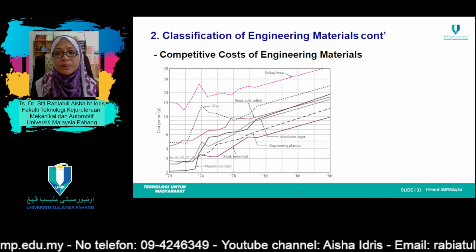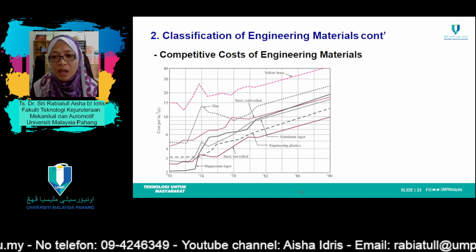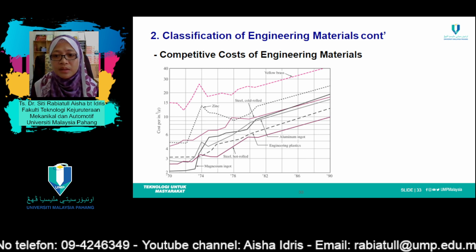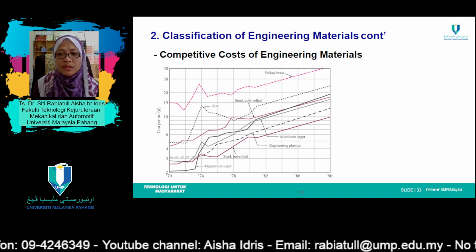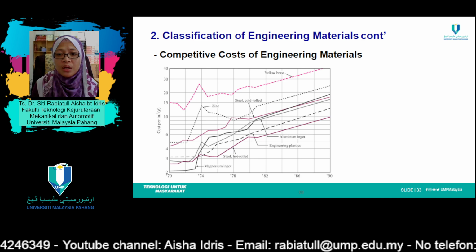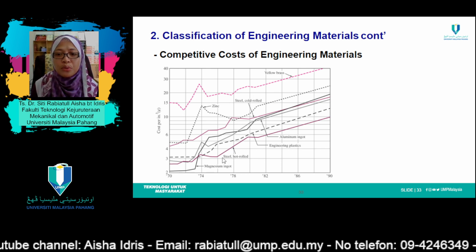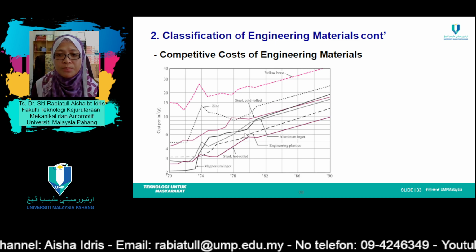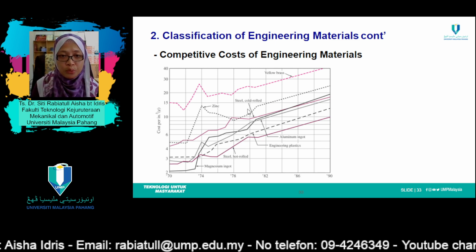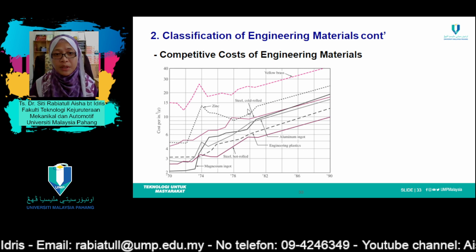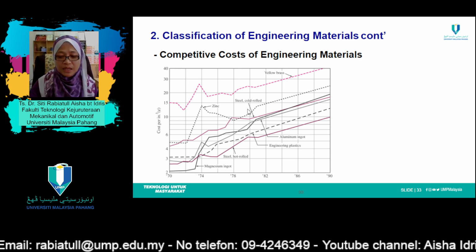For example, aluminum ingot, engineering plastic, or steel hot rolled. See, steel hot rolled compared to steel cold rolled. Steel hot rolled is much cheaper as compared to cold rolling. So that is referred to the process method for that materials.